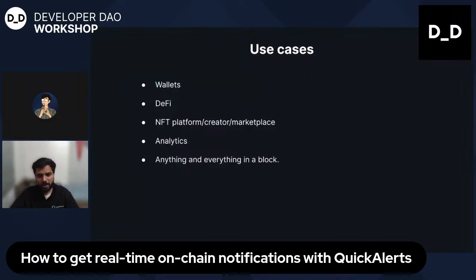So the high-level use cases for Quick Alerts will be wallets, DeFi platforms, NFT platforms, NFT creator or marketplace platforms, analytics platforms, because they need a lot of filtered blockchain data, and basically anything and everything in a block. So, any application which has to do anything with the block information, you can set up a Quick Alert for that.